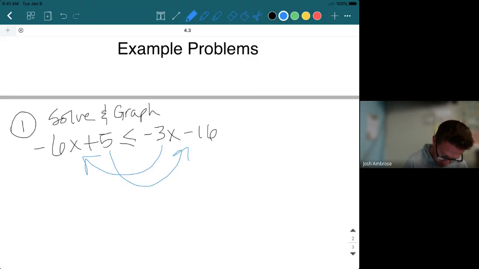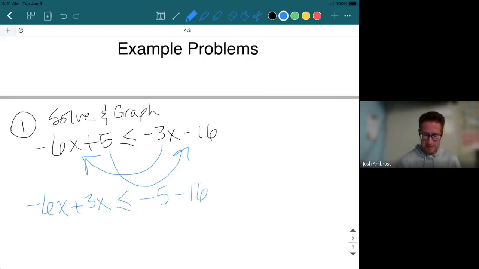Let's rewrite: negative 6x plus 3x less than or equal to a now negative 5 minus 16. When you move things across an equal sign or across an inequality sign, the sign on the number will change. So don't forget that.